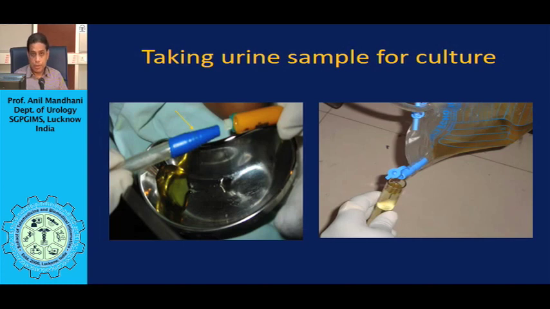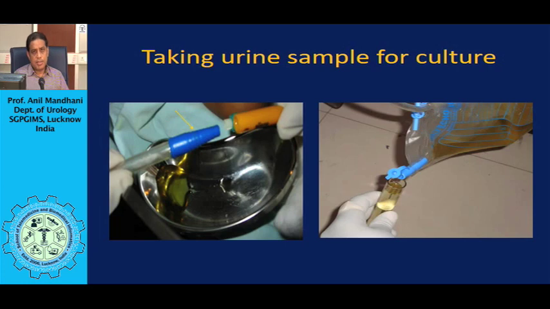Then two other conditions, which are very specific to the urologist, but at least by ruling out the initial two you can suspect, are interstitial cystitis, and of course if the patient has received radiation, then you should suspect radiation cystitis.